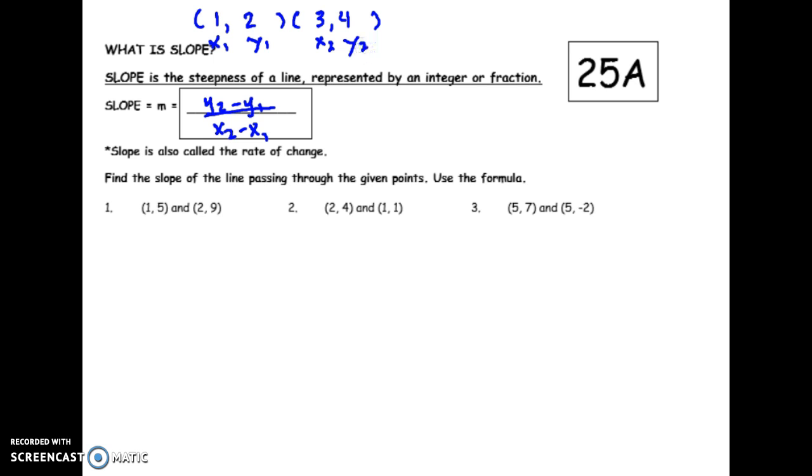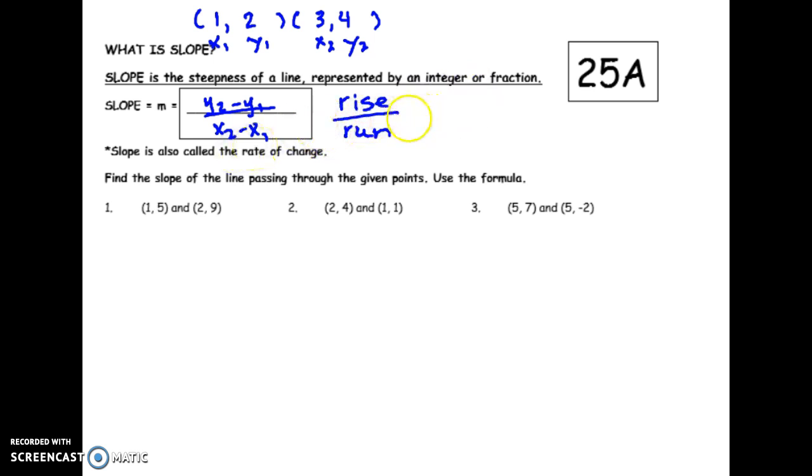When we take the steepness of the line, we take y2 minus y1, and divide it by 3 minus 1, or x2 minus x1. You will hear the slope referred to as the rise over the run, because the rise is your up and down, or your y values, and your run is your side to side, or your x values.